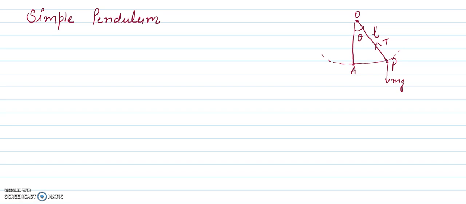Alright, so let's see what kind of motion is exhibited by a simple pendulum. For that, we label the point to which one end of the string is attached and fixed by O. Let O be the fixed point and L be the natural length of the string, and P is the position of the particle which is attached to the other end of the string at any time t, such that angle AOP is theta.